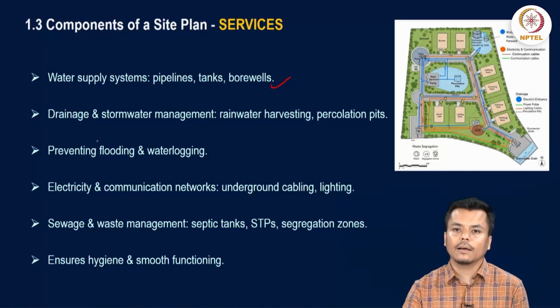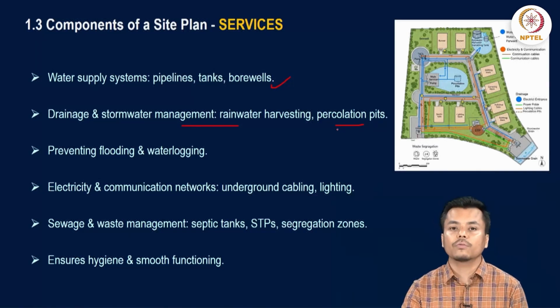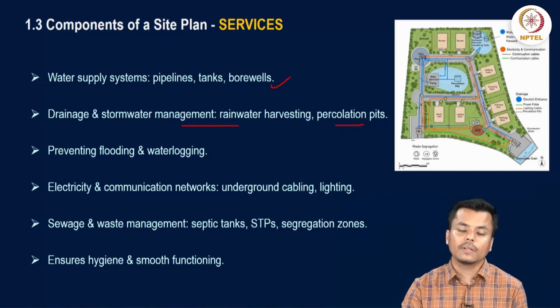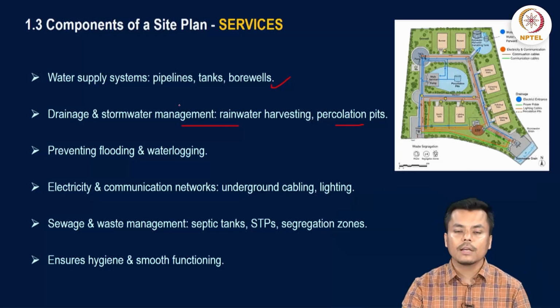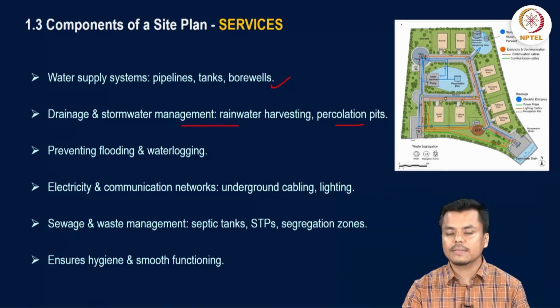Then drainage and stormwater management: how is rainwater harvesting done, where are the percolation pits, in case of sewerage where are the manholes, where are the inspection chambers located, where is the septic tank, and from the septic tank how the pipe work is done, so that all the sewage is transferred to the municipal services line that runs just outside the site.